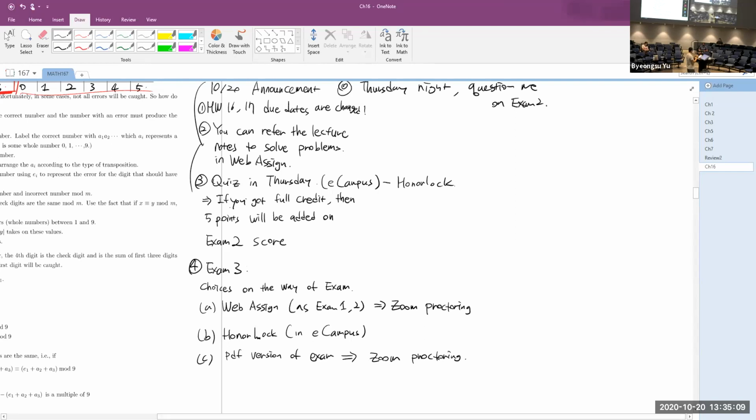So this quiz is 5 out of 5, and if you get full credit, then those 5 points are not in the quiz part, but will be added to the exam 2 part. For example, if you got a full score of 100 on exam 2, and also got 5 points on the quiz, then you can get 105 over 100 for exam 2, right?